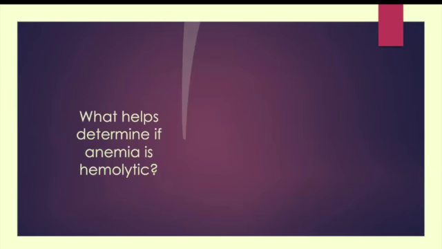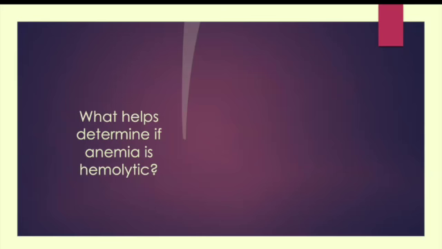So what helps determine if anemia is hemolytic? To determine if an anemia is hemolytic in nature, several diagnostic tests and clinical evaluations should be performed. Some key factors may help in determining if the anemia is hemolytic.